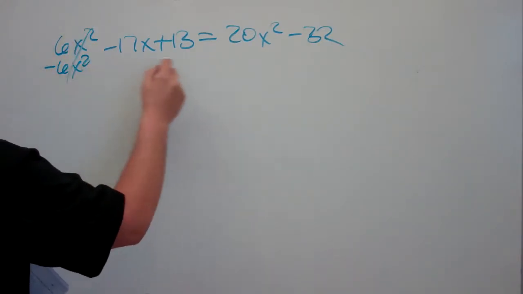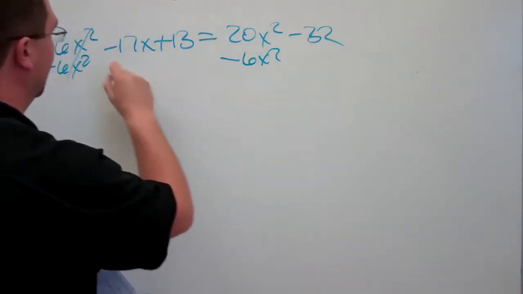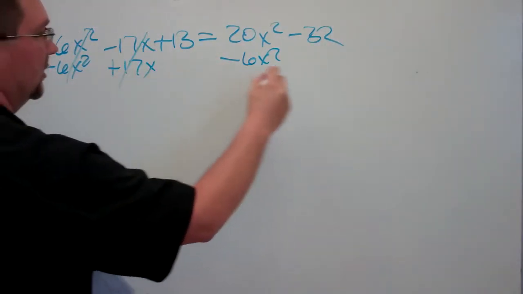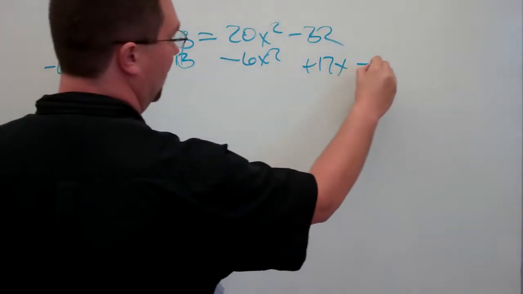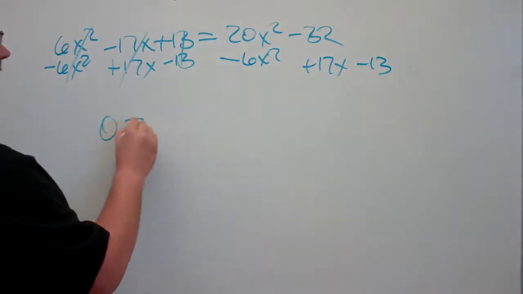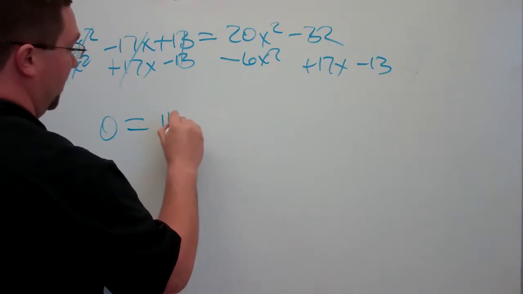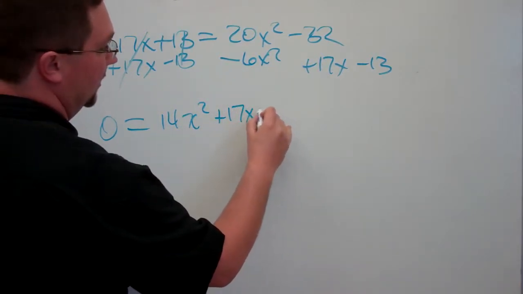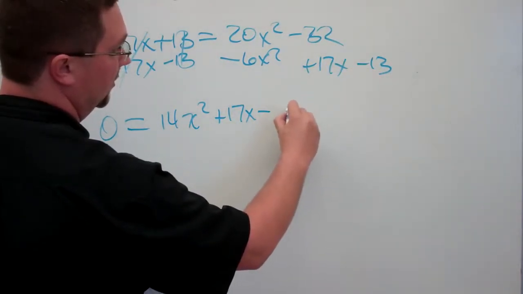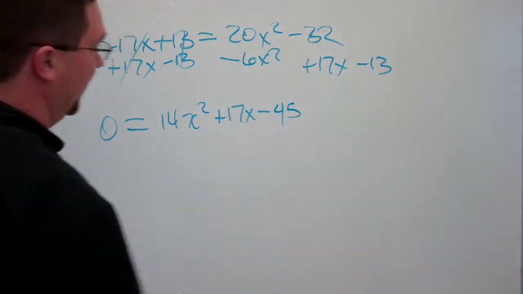Minus 6x squared, plus 17x, minus 13 on both sides. 0 equals 20 minus 6, 14x squared plus 17x minus 45.